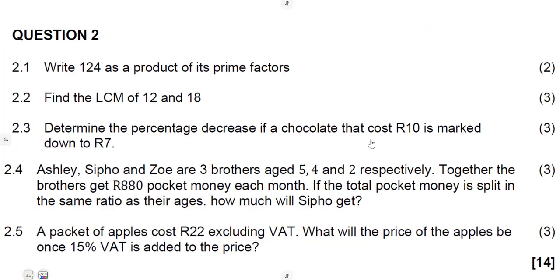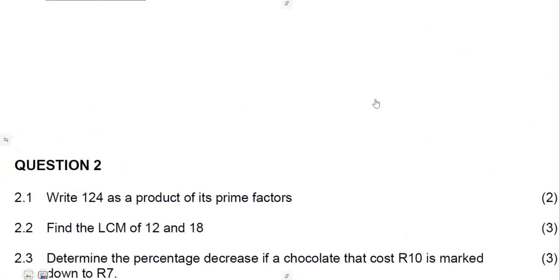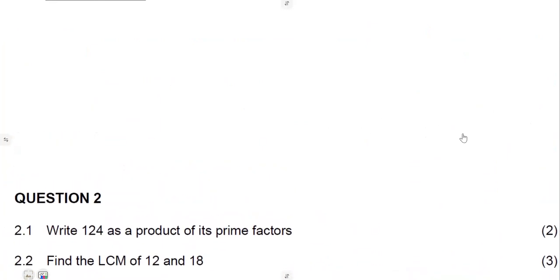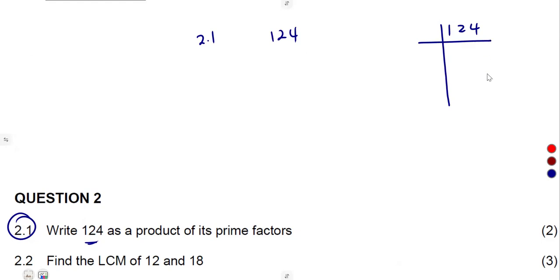Let us consider the other section, which is question 2. 2.1, you are given, write 124 as a product of its prime factors. So remember, we can simply use the ladder diagram that is considering prime factors.